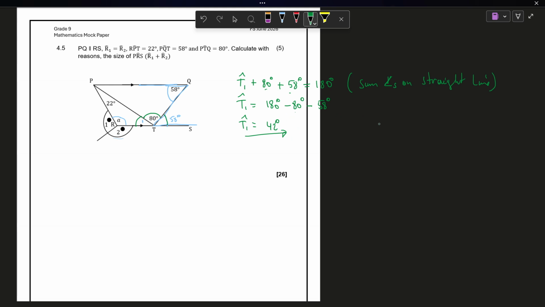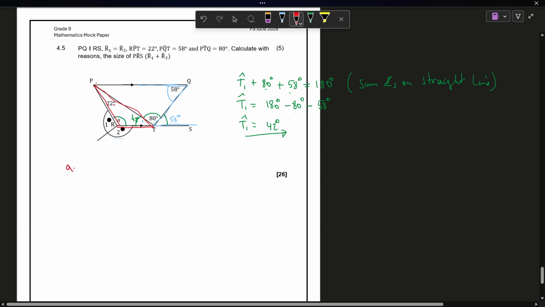So now we found this to be 42 degrees. Remember, we need to find A. So now it becomes even more simple because we have a triangle, right? This triangle here, sorry. And we know all interior angles except one, except the A. So we can find A basically.